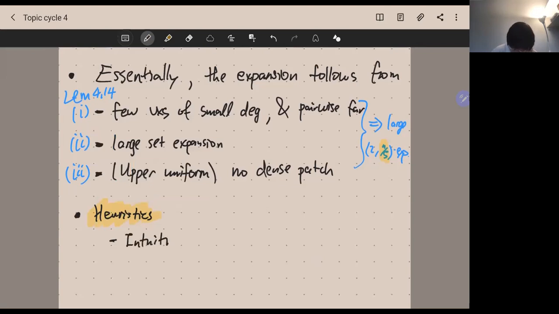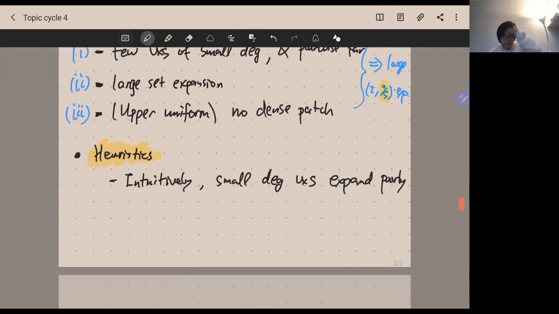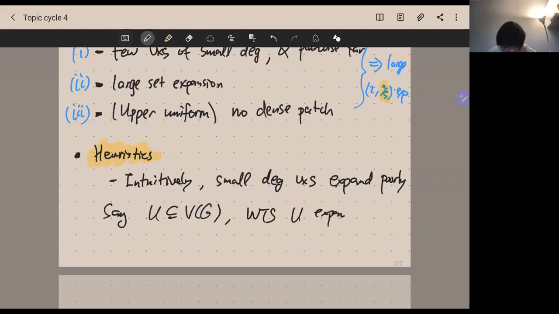Intuitively, small degree vertices expand poorly. It's more likely that they fail to expand. So it makes sense that when we want to prove some set expands, we consider them separately. Say for U in V of G, we want to show that the neighborhood of U expands.